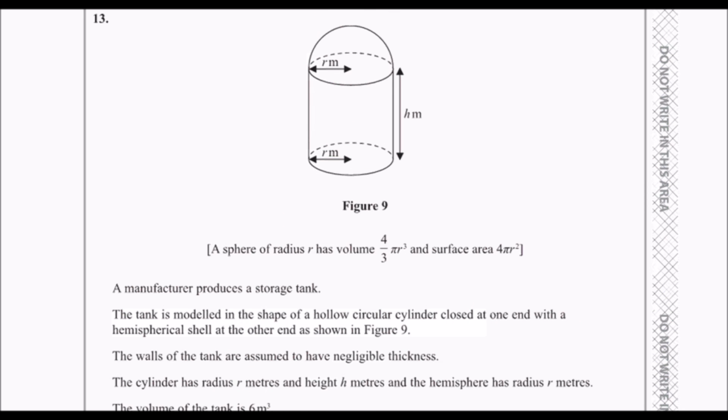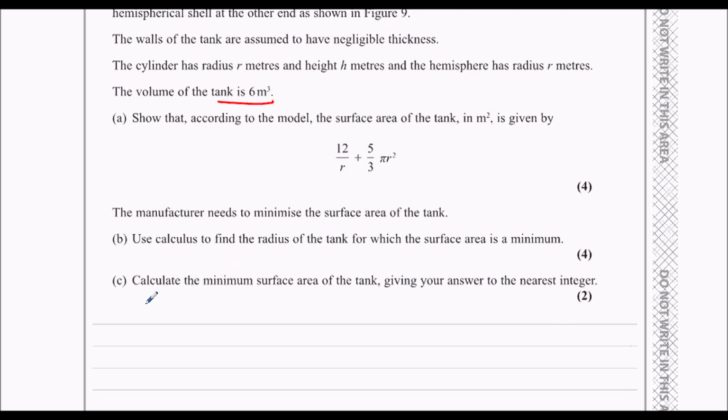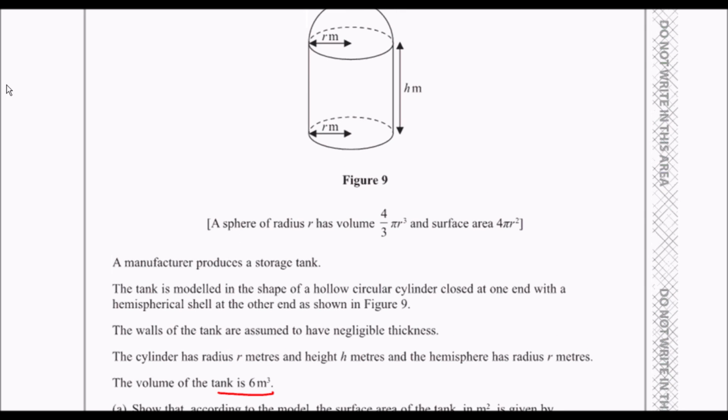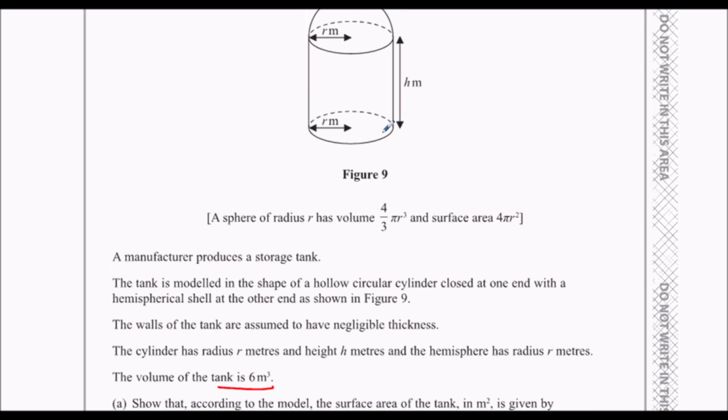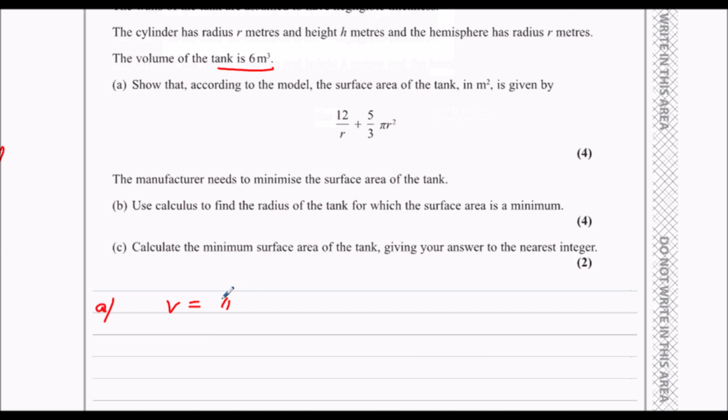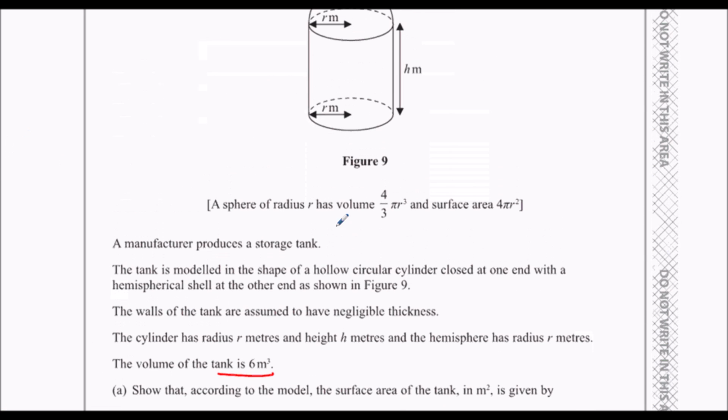So let's start with the volume. So the volume is going to be pi r squared h for the cylinder and the hemisphere. So this is a sphere, so a hemisphere is half of this, so 2/3 pi r cubed.